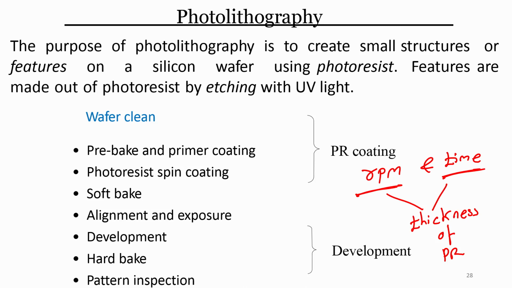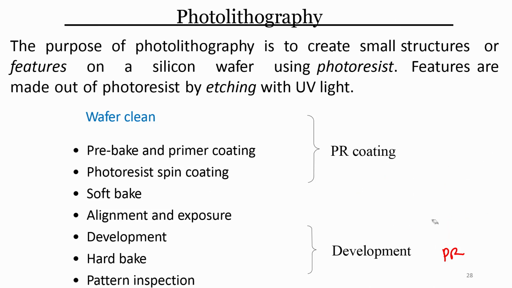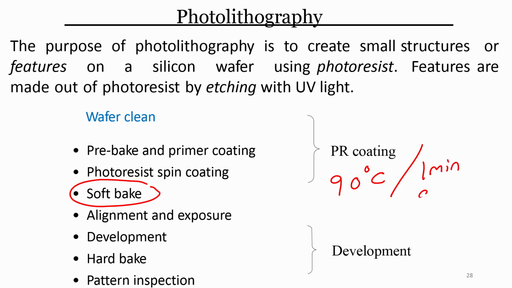So, once we perform spin coating with photoresist, we go for soft bake. Now, in a conventional situation, soft bake is done at 90 degrees centigrade for 1 minute on hot plate.